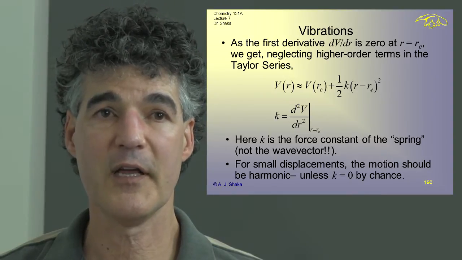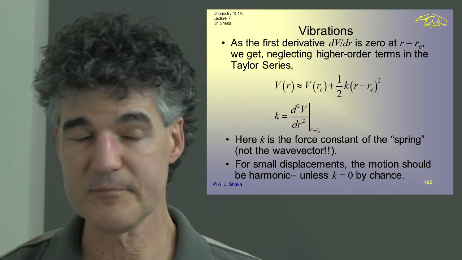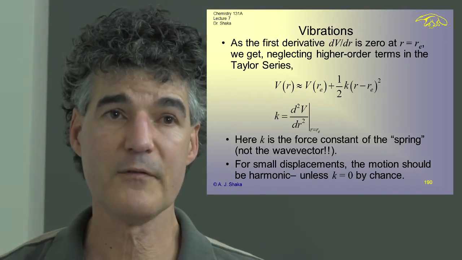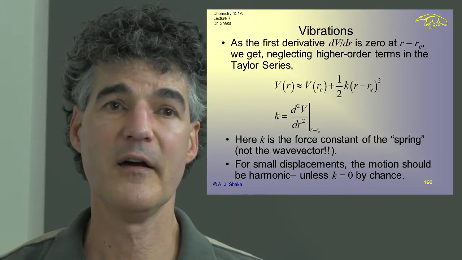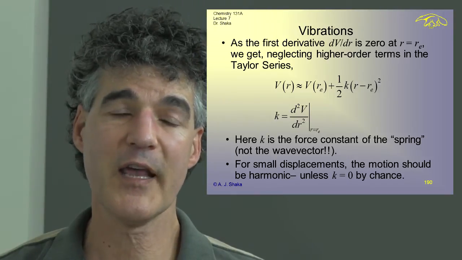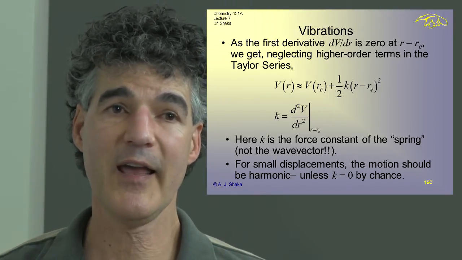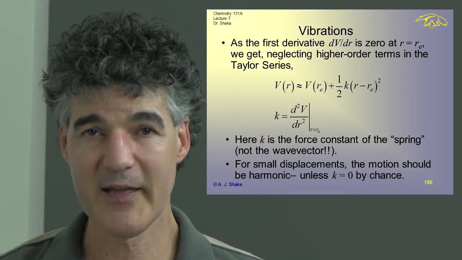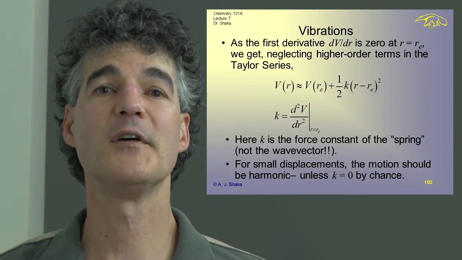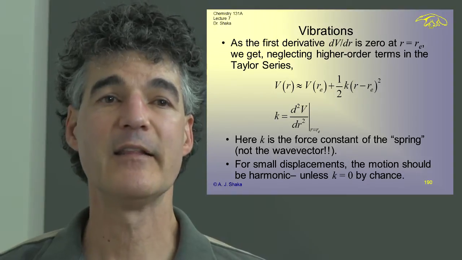And k here is the force constant. I apologize for using k again, but k is conventionally the force constant of the spring, and before, k was the wave vector, e to the ikx.